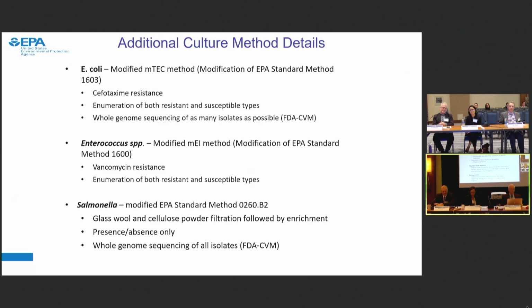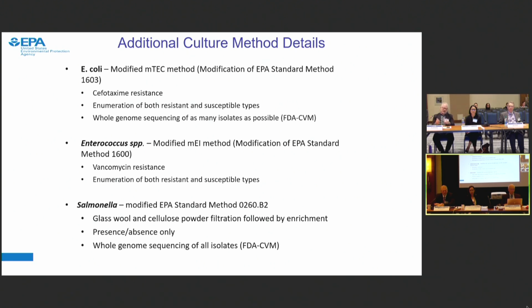So next slide. Just a little more detail on that. In terms of E. coli, the specific method that we're using there, we're looking at both the susceptible and cefotaxime resistant, so ESBL E. coli here. We're generating that data on numbers and then also transferring the isolates from that to our colleagues in FDA for whole genome sequencing to link back to identification of those strains to other sources where they're seeing it in the food cycle.